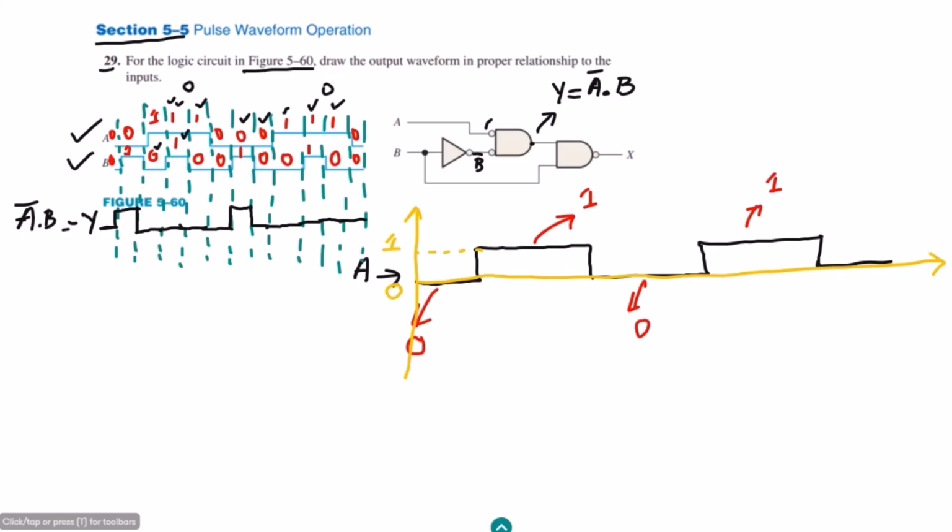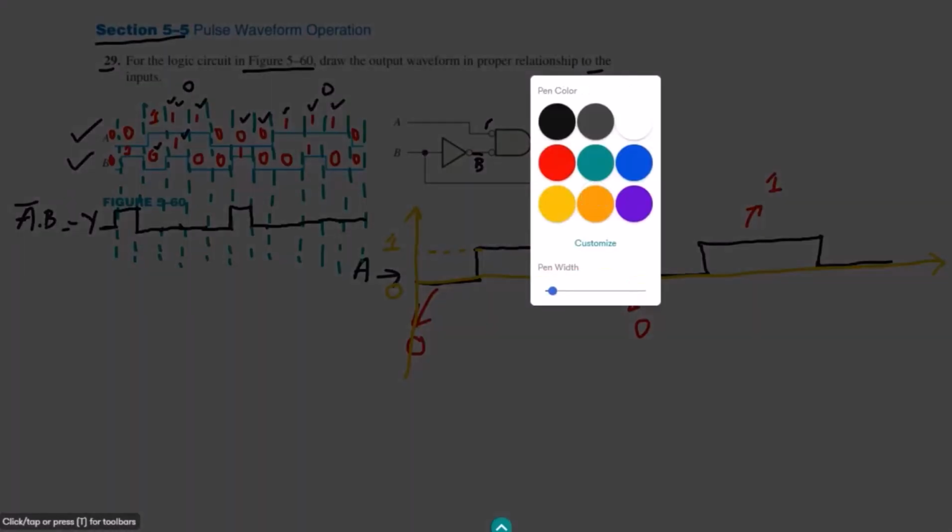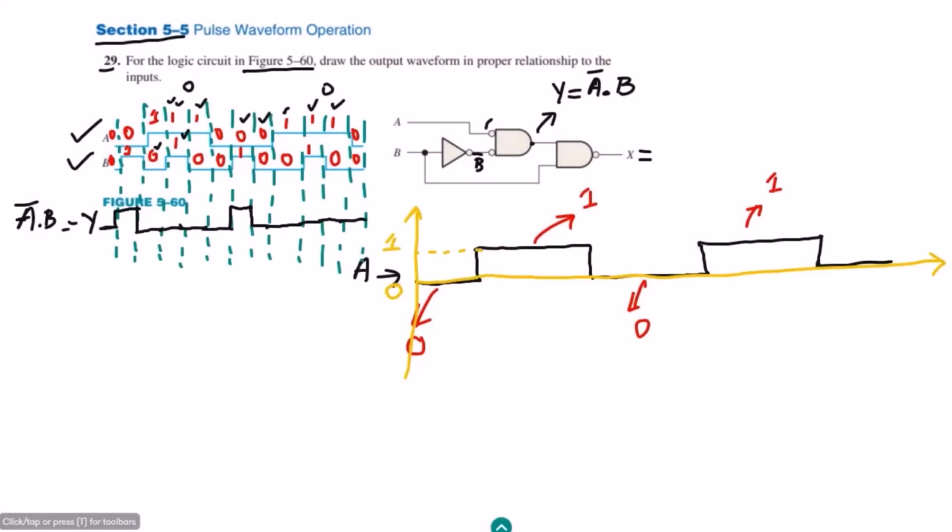After it, what I have to find out is the value of x. So let me find out the value of x. It will be the product of this b, which is coming from here, and this a prime dot b, and the whole complement of them, because these are NAND together.